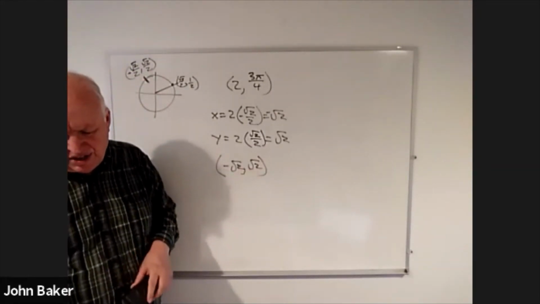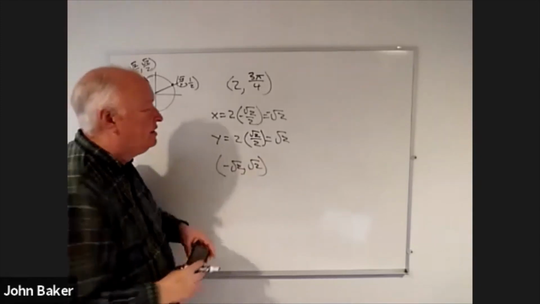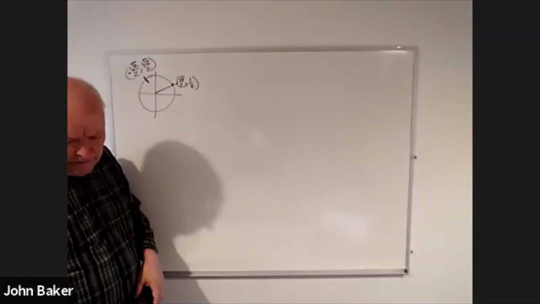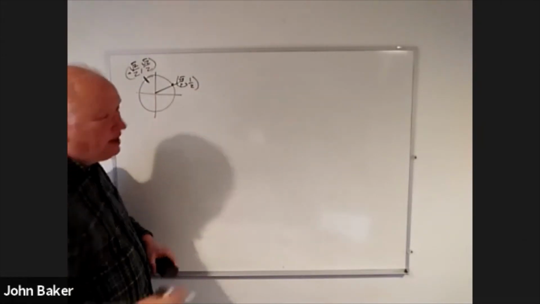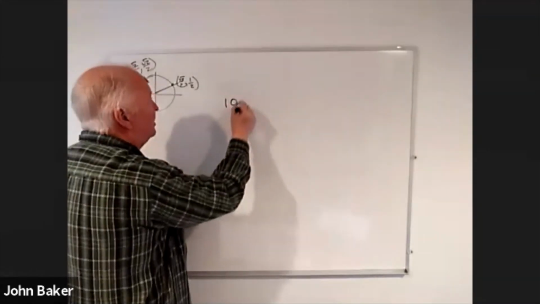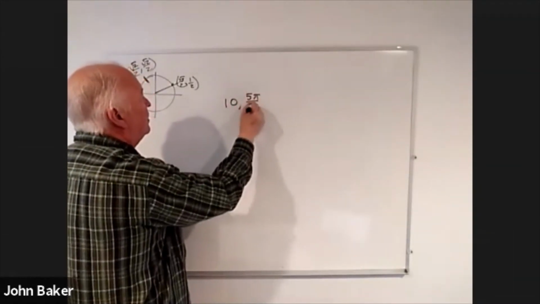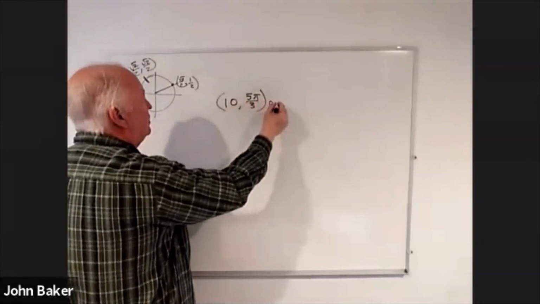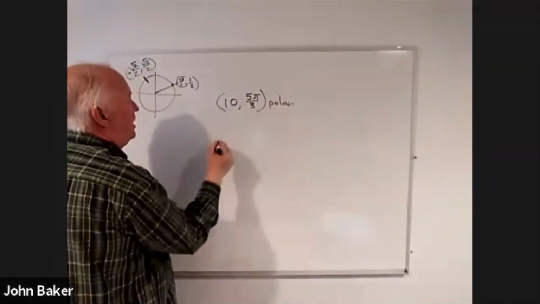And last, let's look at converting 10 at 5 pi over 3. That's polar into rectangular.